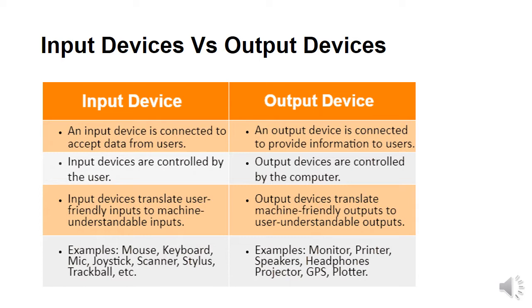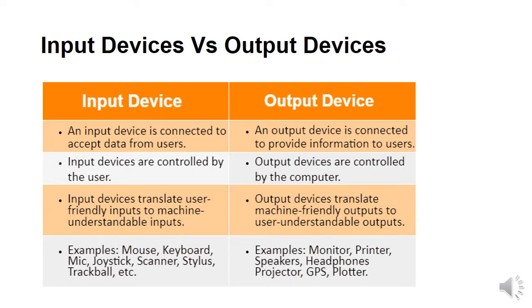As their names suggest, input means input. We have here the prefix in, which means inside. So an input device means any computer device which is used to send data inside a computer.